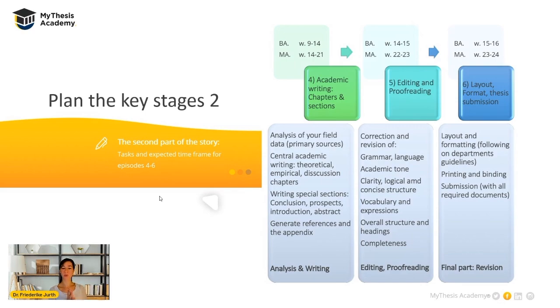And to finish this section, you will spend some time on the layout and on the formatting. If you want to get a closer idea, then have a look on the page of your department, because I'm sure that they provide some formatting guidelines.